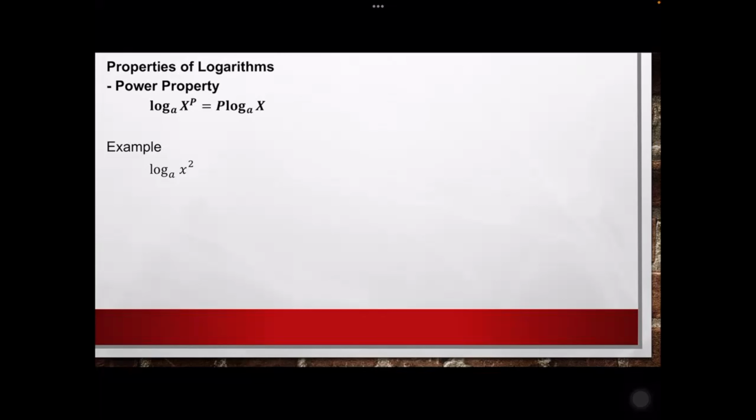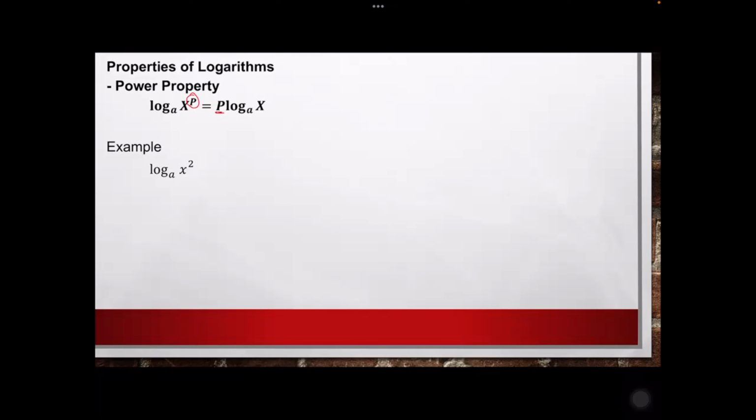So, as you notice, yung P natin dito is exponent. Ibinaba siya dun sa unahan ng logarithm. So, naging something constant na siya. So, kapag ganito, logarithm of x to the p, kung may exponent siya, ibababa natin siya. Yung power niya ay ibababa natin to make it as a constant.